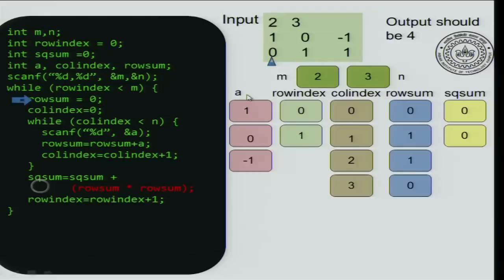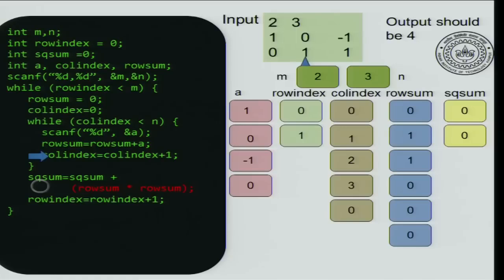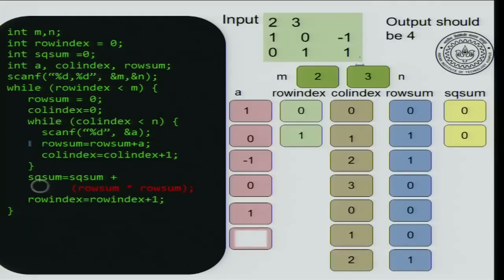And you repeat the same execution. We reinitialize row sum to 0, column index to 0. Okay. And then scan the next number, which is 0, add it to the row sum, increment the column index, scan the next number, which is 1, and so on, okay, until you finish reading the second row as well.